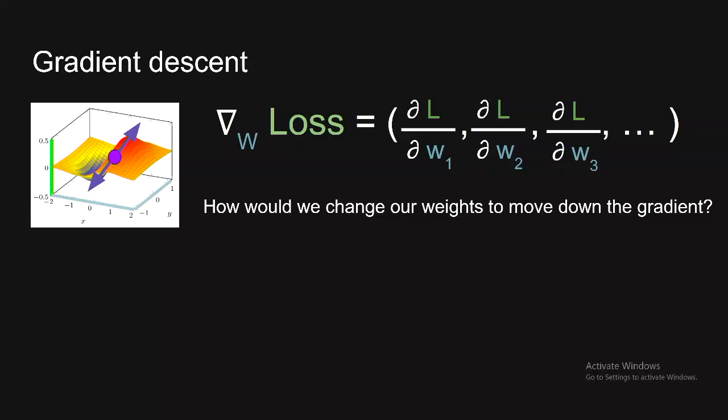All right, anyone have a thought? Sure. Just subtract the gradient from the weights. Beautifully simple, right? Weight equals weight minus gradient. That's all. So we are subtracting the gradient.